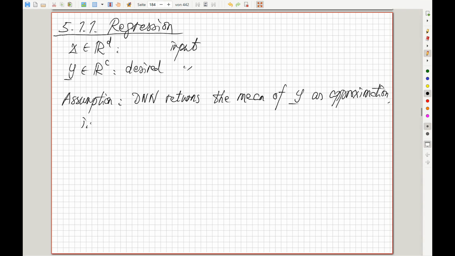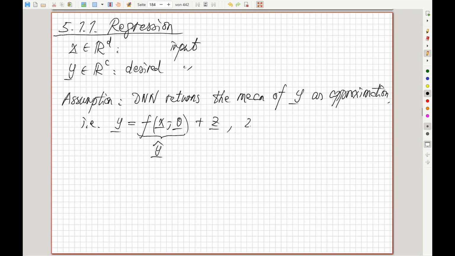So mathematically, we say that the desired output Y, our random vector, can be written as the output of our neural network calculated for a certain input, determined by the model parameter vector theta, plus a certain Z. And the output can be also written as the estimate Y hat.